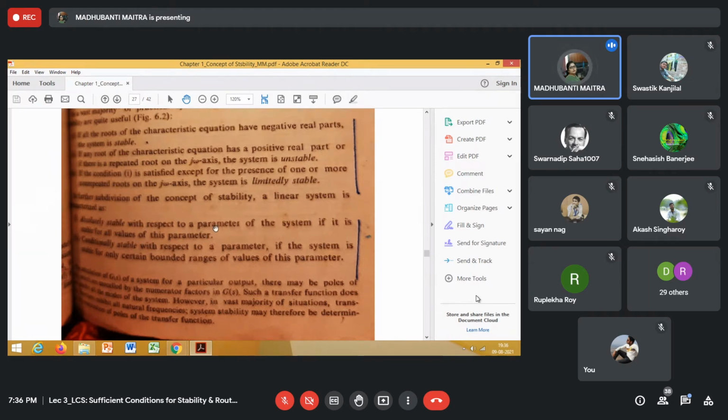If we change a parameter of the system, it might so happen that a higher order system may become unstable. So a system will be absolutely stable with respect to a parameter if it is stable for all the values of this parameter. Suppose we are changing a particular parameter of the system. The change in the parameter will get reflected in the coefficients of the characteristic equation. Do you agree?